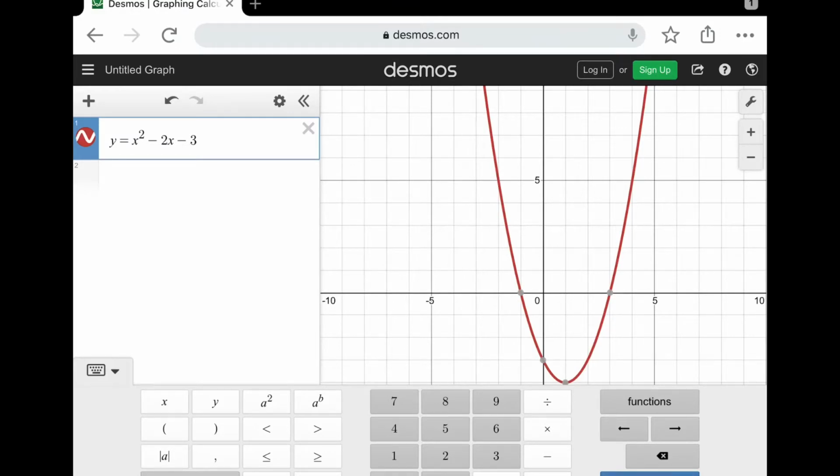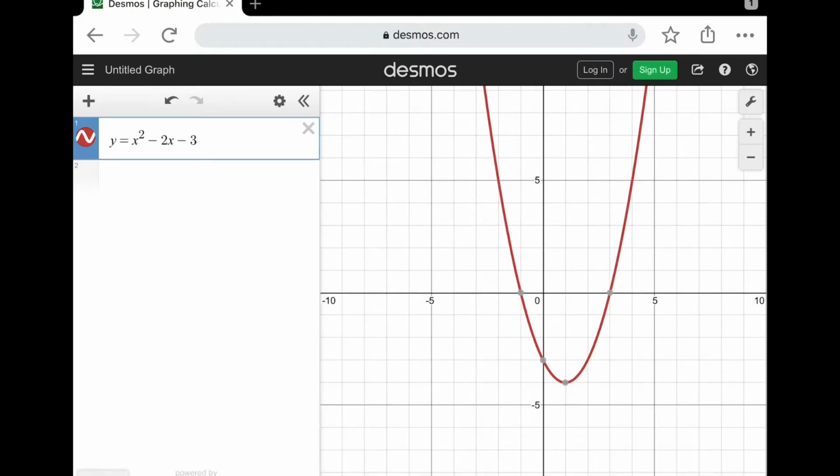So my x-axis is that left to right bolded line. And I'm going to click my graph. Gray dots show up. Those 2 dots on the x-axis are my x-intercepts. While I'm here, I also can see my y-intercept.